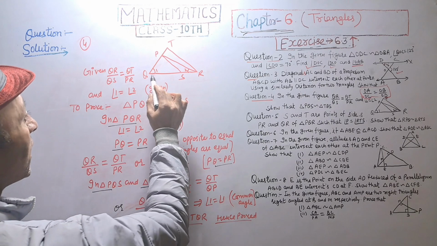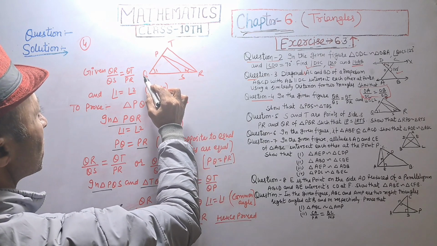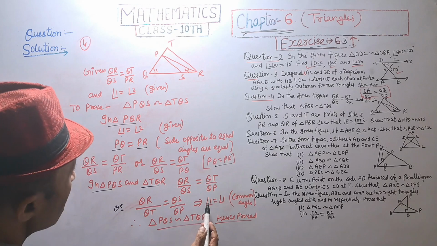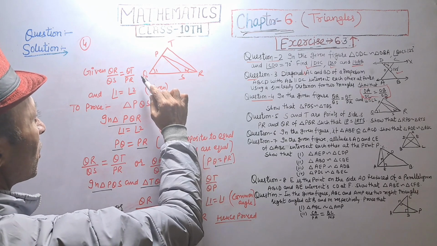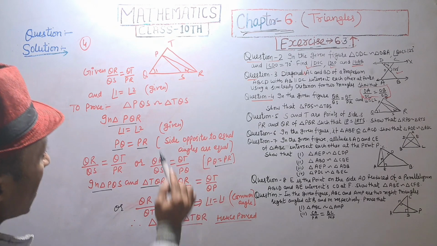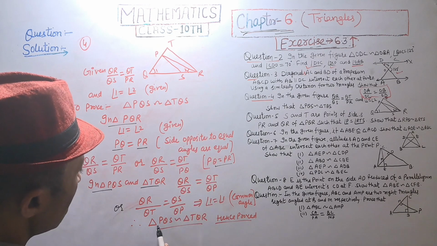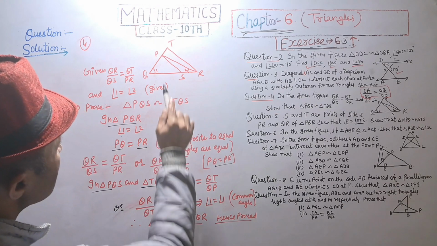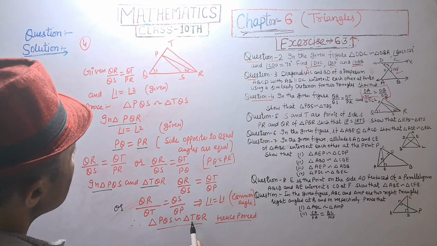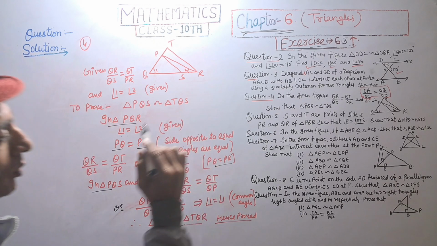QR upon QT, that is angle 1, and QS upon QP, that is angle 1, common. So angle 1 is equal to angle 1, common angle, and triangle PQS is similar to triangle TQR, hence proved.